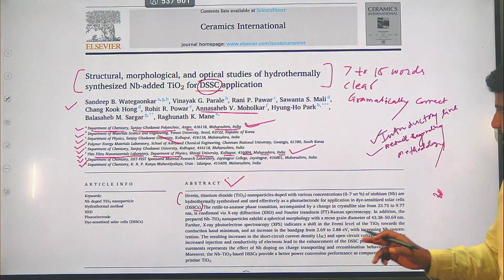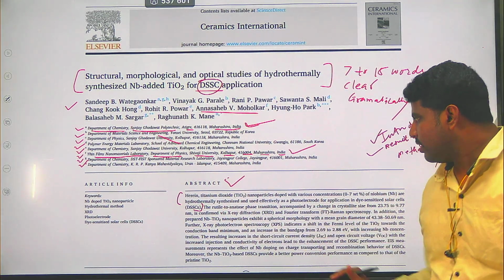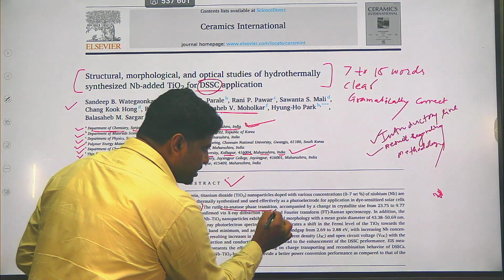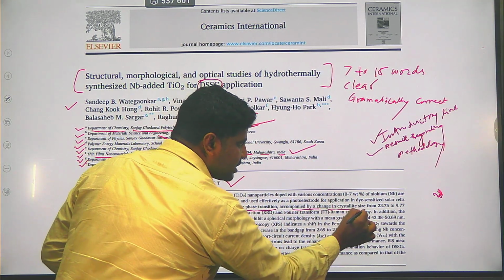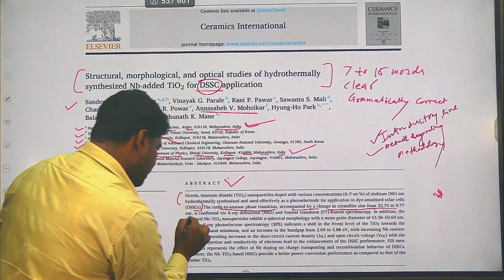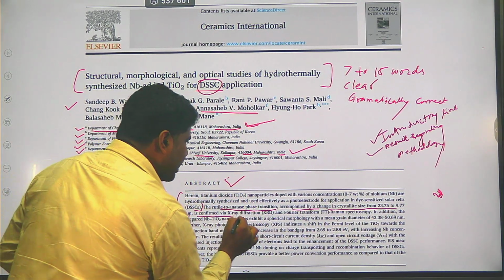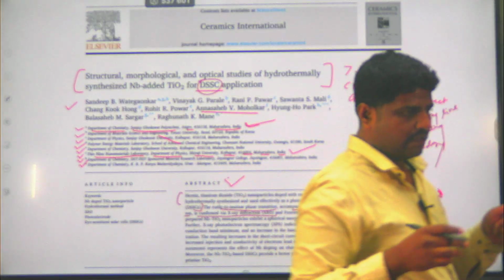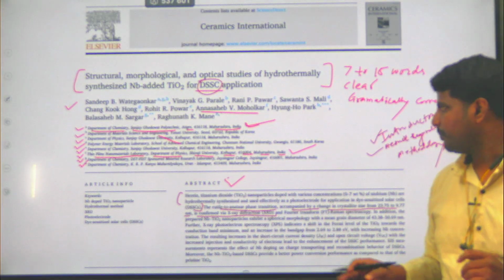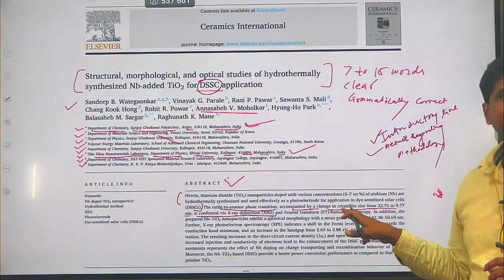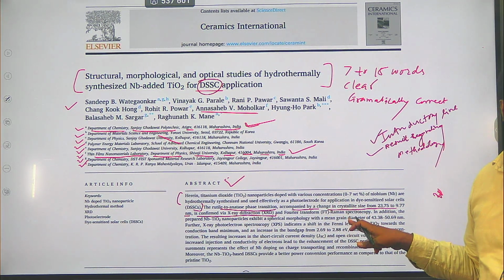Suppose I write here, you can see the rutile to anatase phase transition accompanied by a change in crystallite size, the range of which I have written here in nanometers, is confirmed by X-ray diffraction. That means I did the analysis of X-ray diffraction, and I have elaborated the X-ray diffraction studies in only a single line.